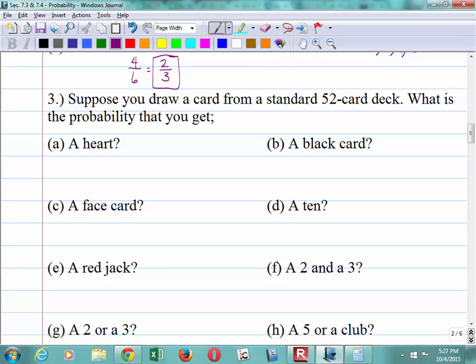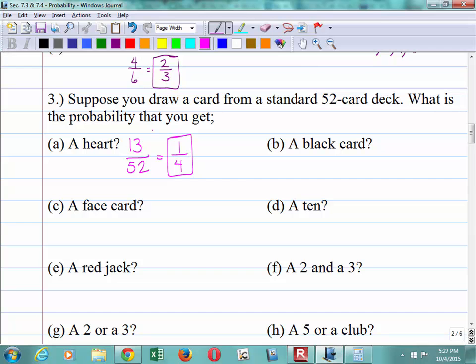So the deck is split evenly between those 4 suits. So 52 divided by 4 is 13. So that's 13 out of 52. But also, since we know that that's 1/4 of the deck, we would also just know that that's equal to 1/4.